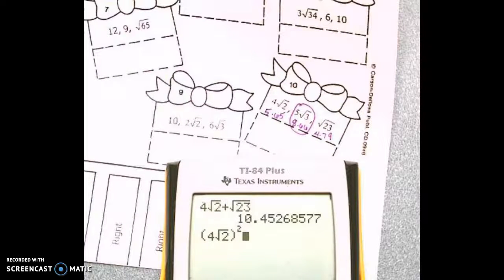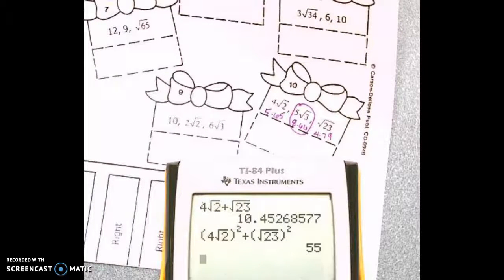I want a squared plus b squared, plus my, use my parentheses again, square root 23, get out of my square root, close my parenthesis, squared. That's my a squared plus b squared.